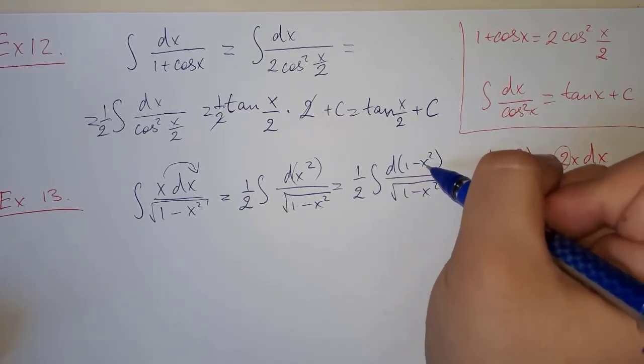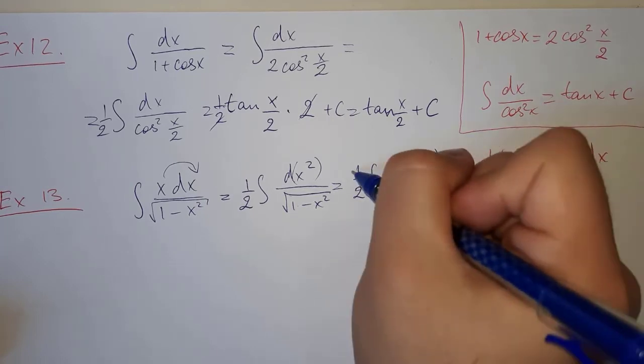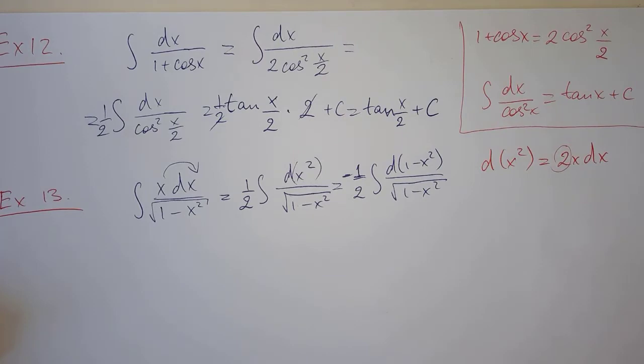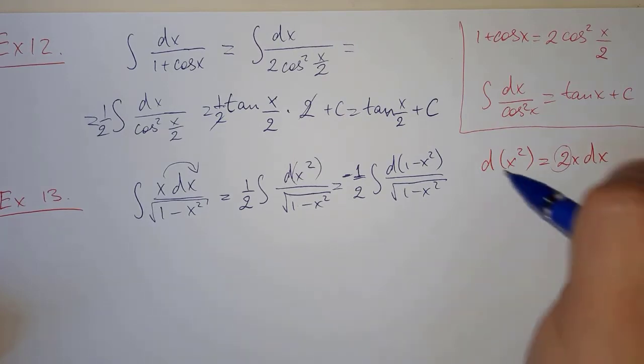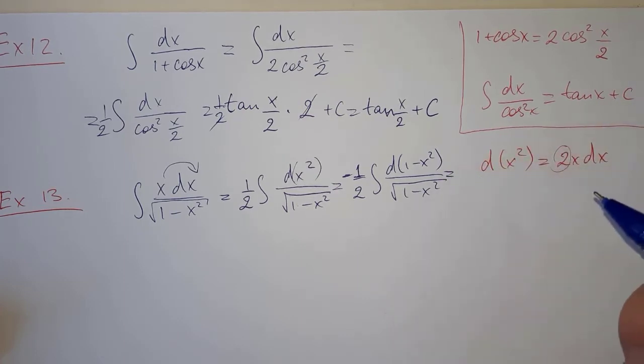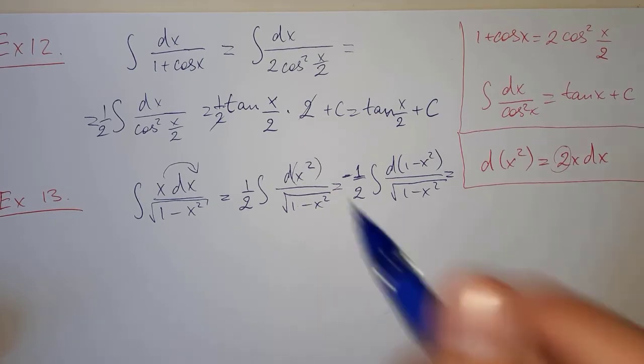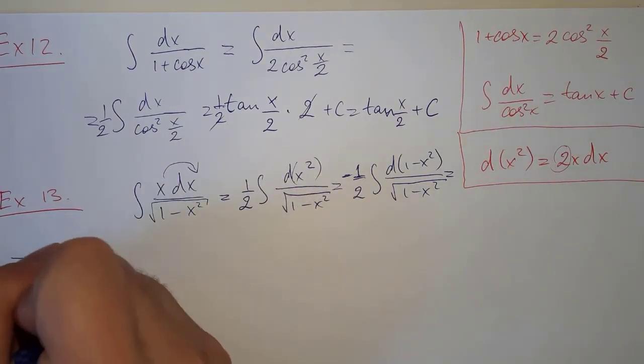But now here we have minus, so that's why we add here a multiplication by minus 1, and everything will be okay now. So let's continue.